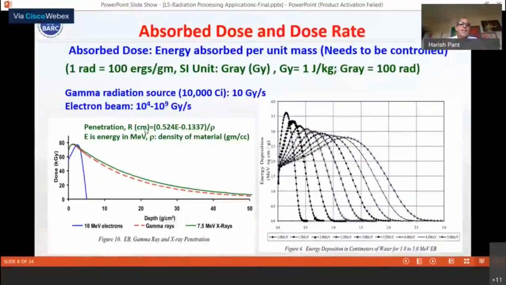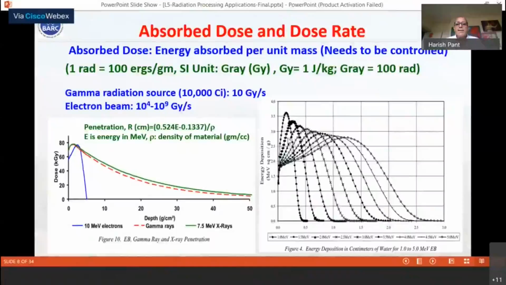it is generally given by 0.524 multiplied by the energy of the electrons minus 0.1337, and then divided by the density of that material. So one can calculate the range of the electrons in any material.